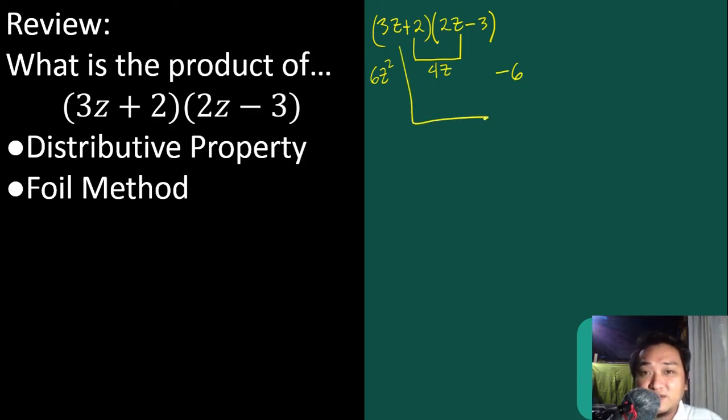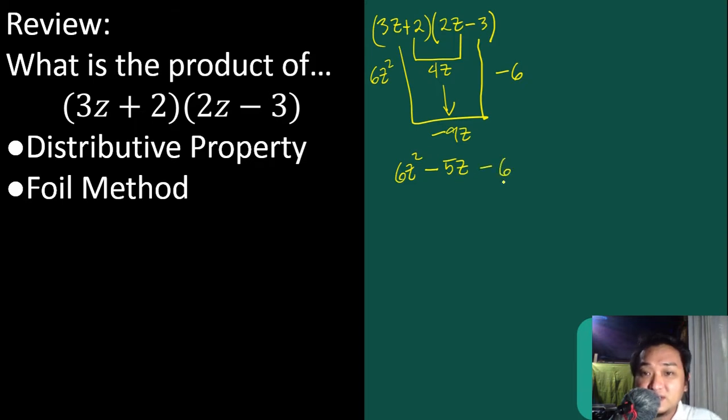And yung outside term niya is negative 9z. If you're going to sum this up, that is the same as if you're going to add 4z to negative 9z, because they are similar terms, that will be negative 5z. So therefore, the product of 3z plus 2 times the quantity 2z minus 3 is 6z squared minus 5z minus 6.